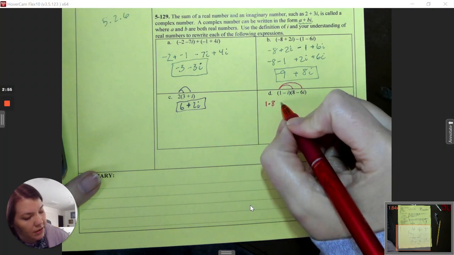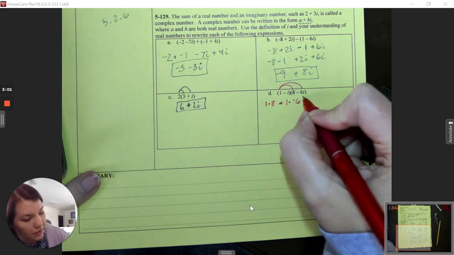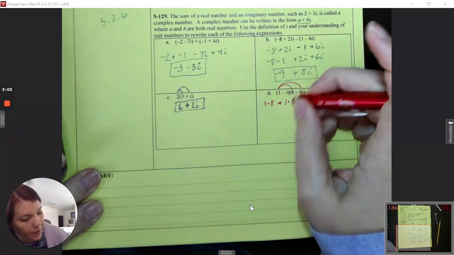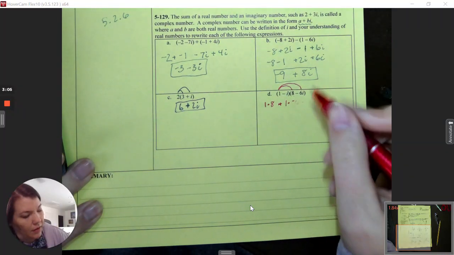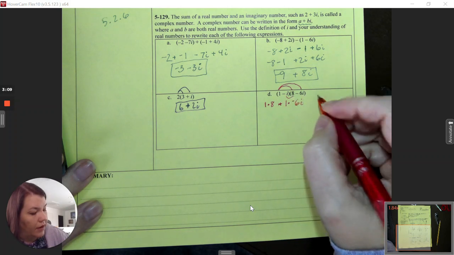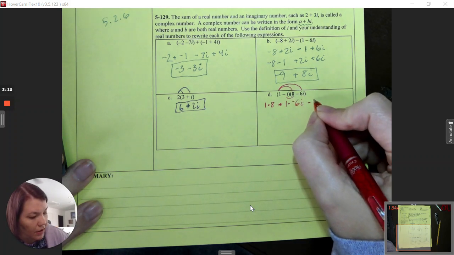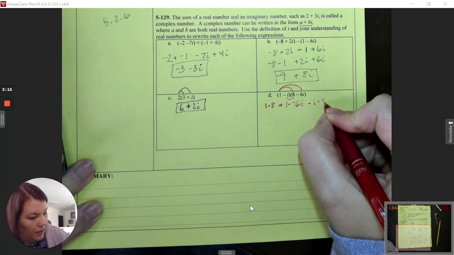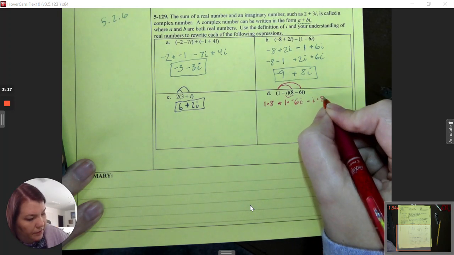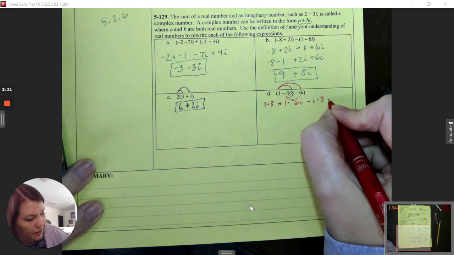And 1 times -6i. Then -i times 8, so -8i. And then -i times -6i.